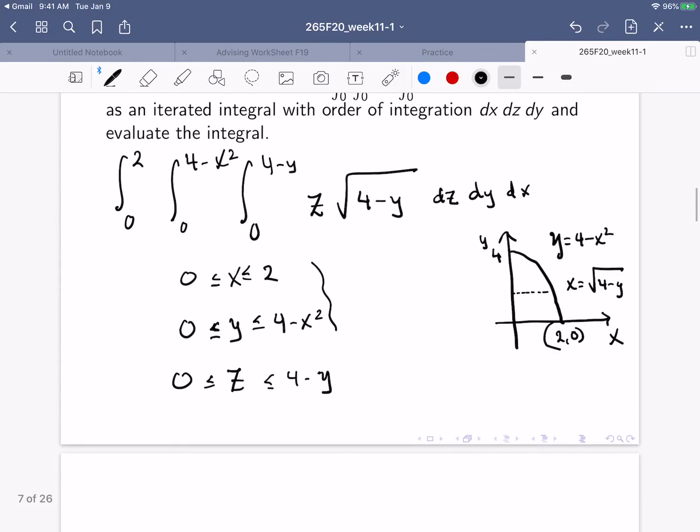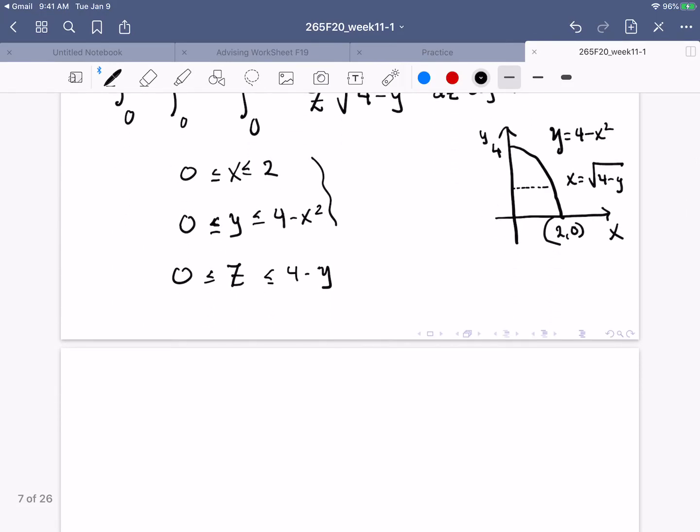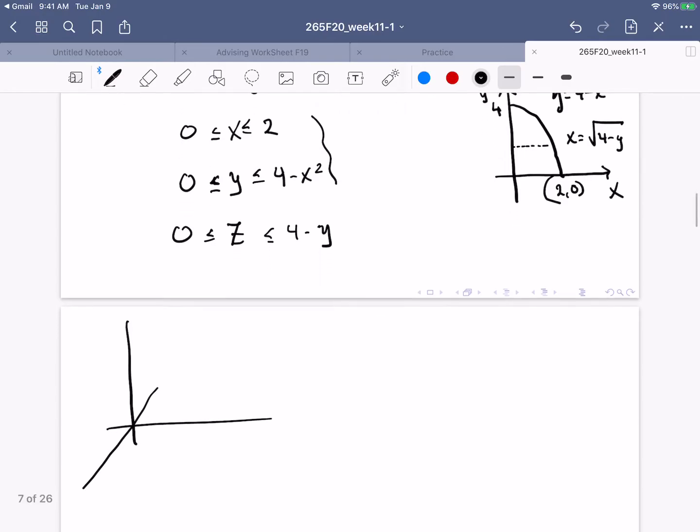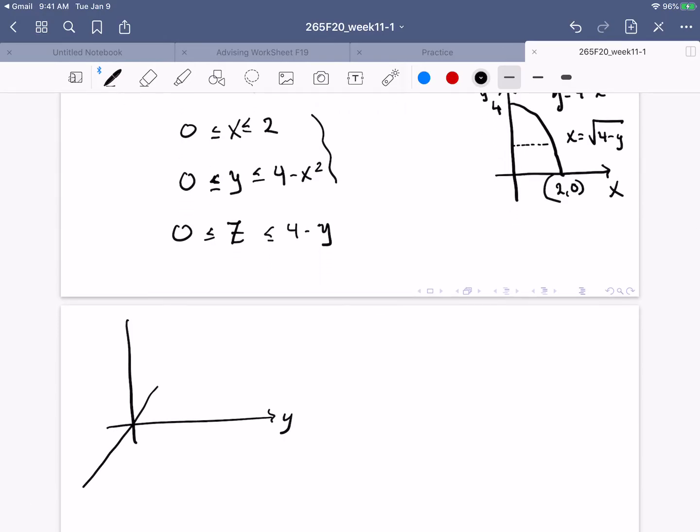All right, if I take that bit of information and I try to graph the three-dimensional solid, okay, I can think of that parabola as being positioned there.